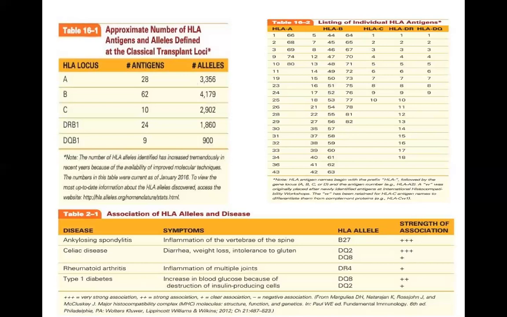HLA-A2 may have another 145 of itself, so on and so forth, for a total of 3,356 variations or alleles for that locus. So when you consider the thousands of different alleles across all loci, you can begin to see that the chances of any one individual ending up with exactly the same MHC profile or tissue type as someone else is next to nil.